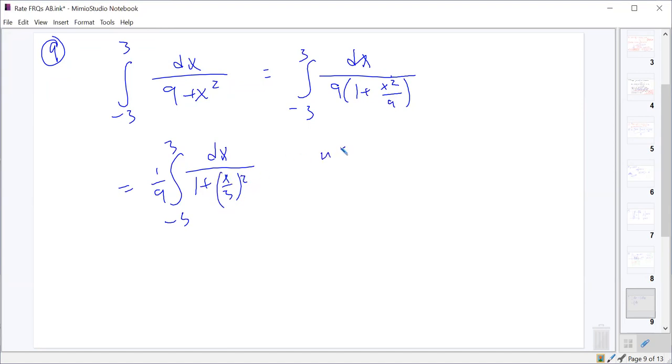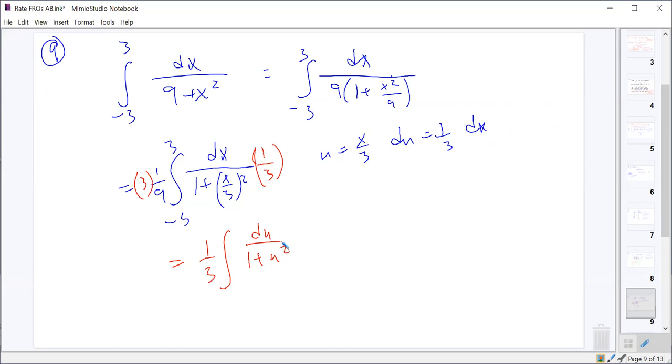And then we let u equal x over 3. du was 1/3 dx. So then I need to put in a 1/3. If I put in a 1/3 there, I got to put in a 3 outside. So I end up with 1/3 of the integral of du over 1 plus u squared. And then if u is x over 3, this becomes -1 and 1.